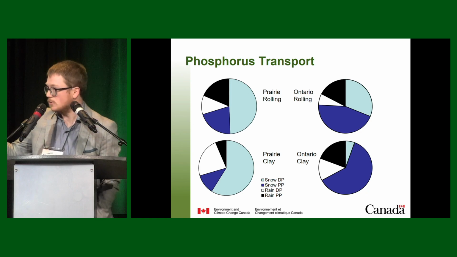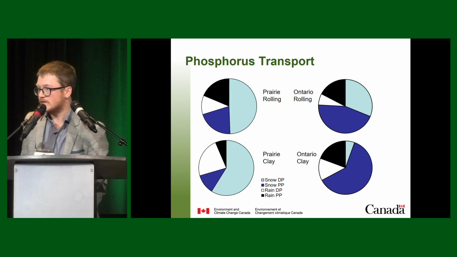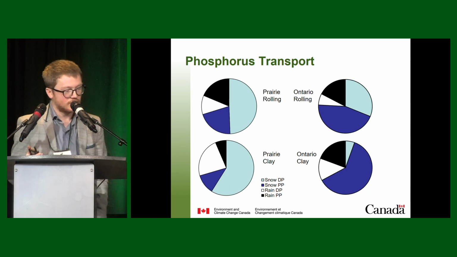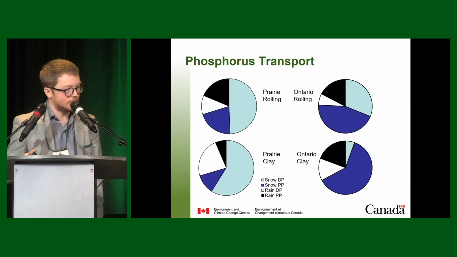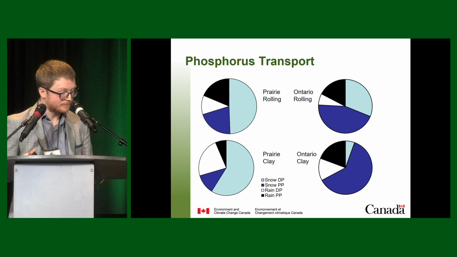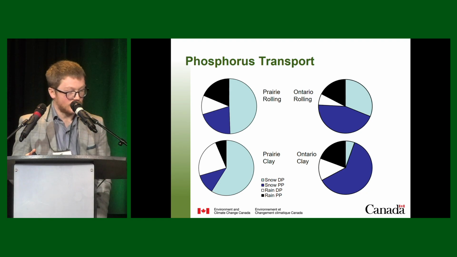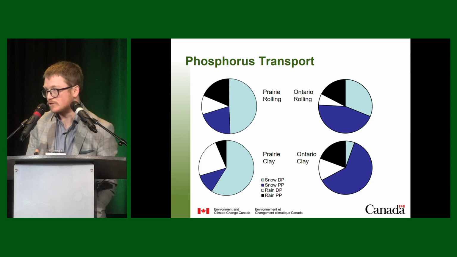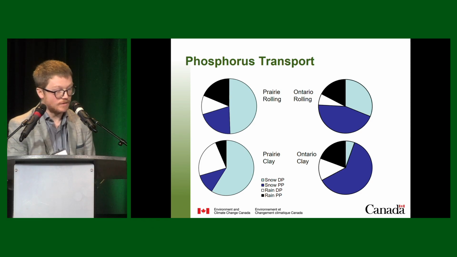And again, this is lower temperature during the winter season, those particles not being frozen and therefore more likely to be dislodged and enter into the snowmelt water. And for the clay site, we see this effect even greater relative to the prairies and a much smaller contribution of the dissolved phosphorus in the snowmelt.